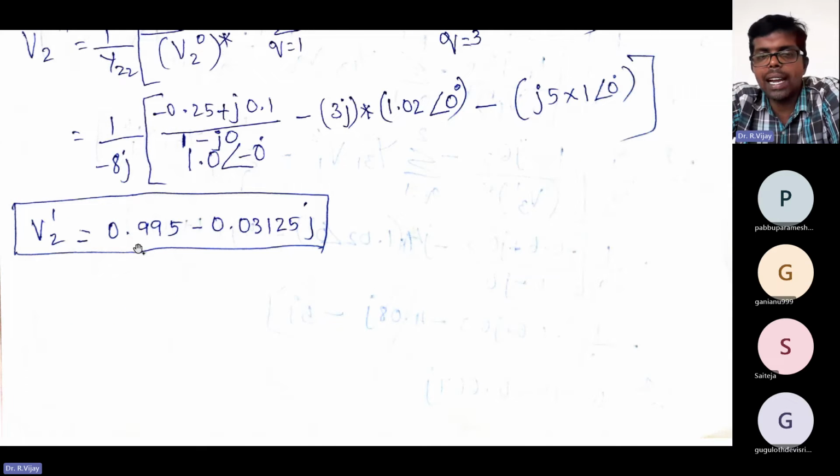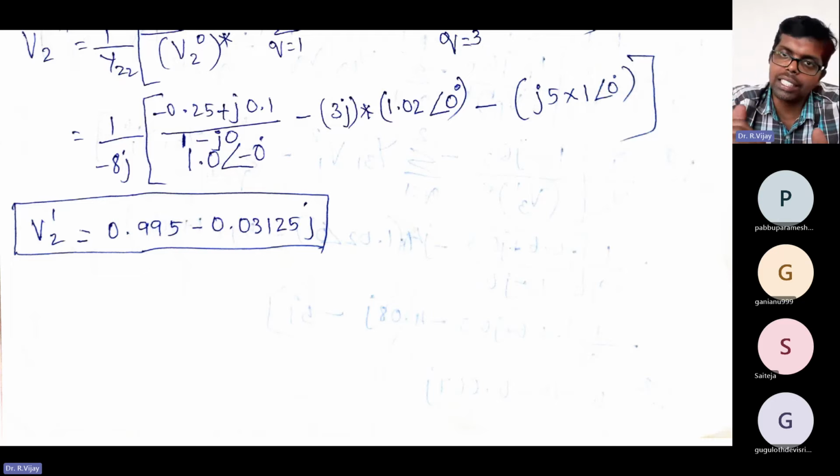If you compare the first iteration and second iteration, and the values are not changing much, you can stop the problem there and write down the answer. If there are much changes, again you need to go for the third iteration. That's why we are going for programming.